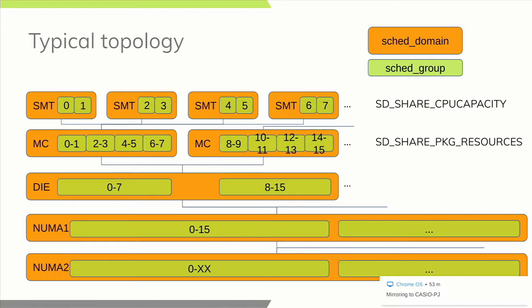And in order to be scalable, we are not using the same period interval between each level because of the cost. I mean, migrating tasks between two CPUs which are sharing almost everything is not really costly. We can do that quite often to make sure that everything is balanced. But at a NUMA level, before migrating a task, you must be sure that it works.